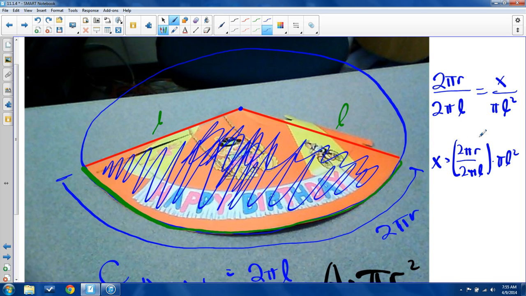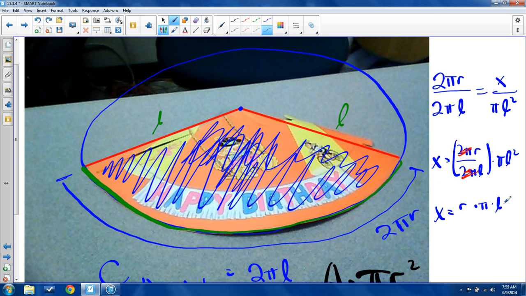While that looks really weird, let's go ahead and reduce some stuff. Some things can cancel out. 2 pi over 2 pi cancels out. That's 1. So we get rid of those. So now we have r over l times pi l squared. So let's say x is now r times pi times l squared. Now l squared is l times l.